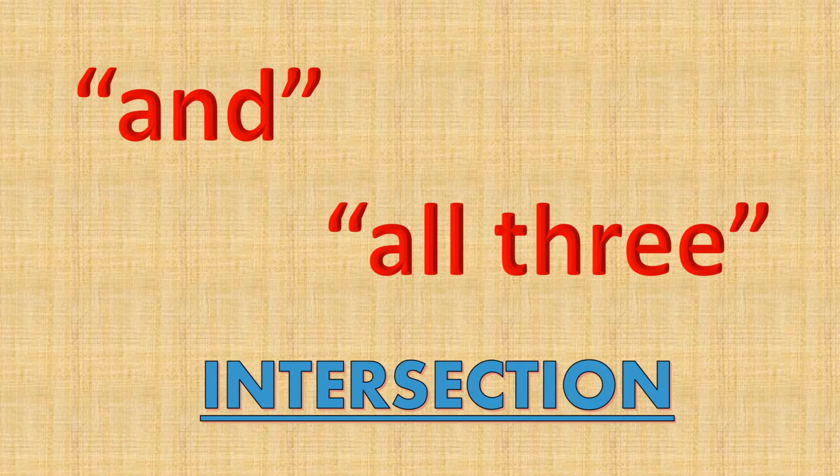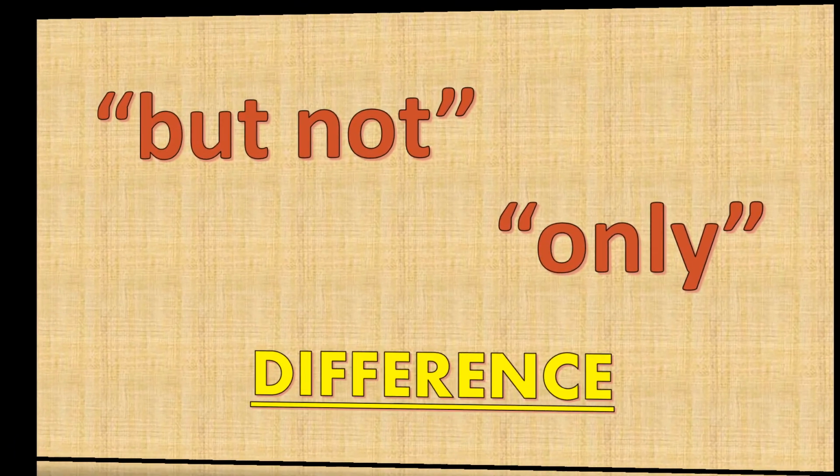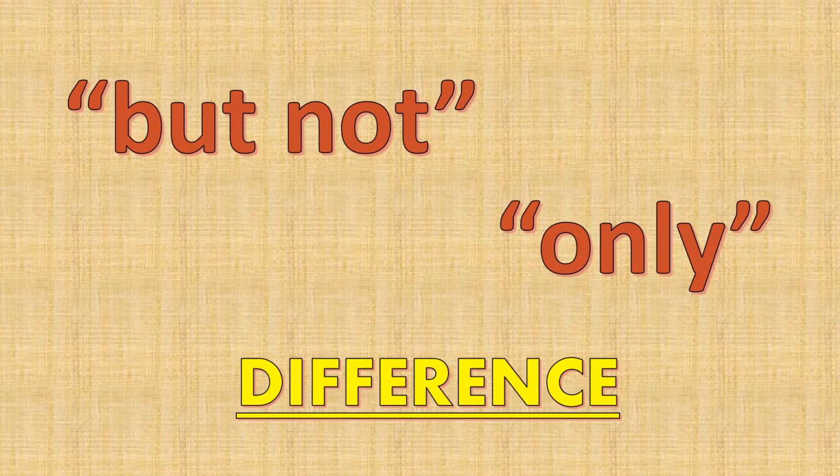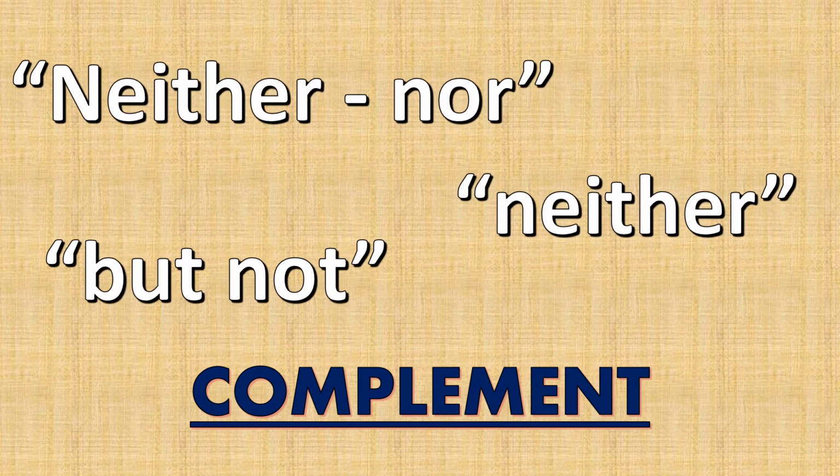For intersection, we have the word and, or all 3. For difference, if we read the words but not and only, meaning take away. And for complement, we have the words neither nor, neither, or sometimes we encounter the words but not, that also mean complement.